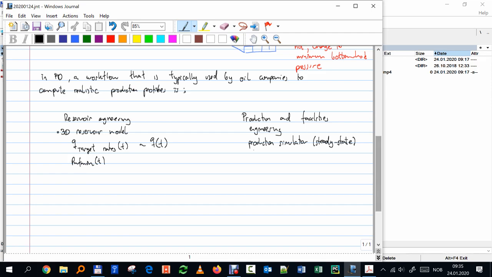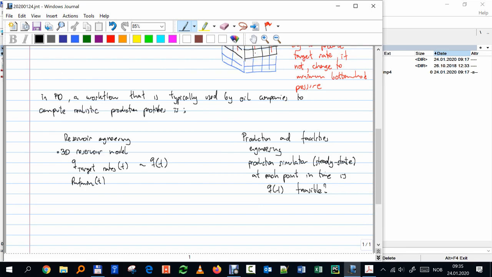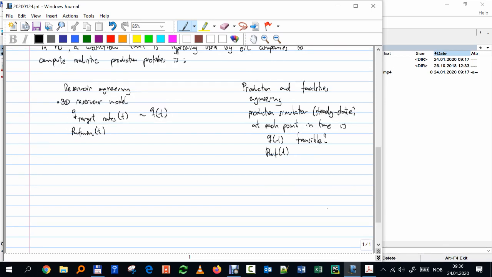And then they check at each point in time: is this QT feasible? That means, with that Q and PWF that I record with time, is that going to be enough to reach, and feasible here means, the separator.